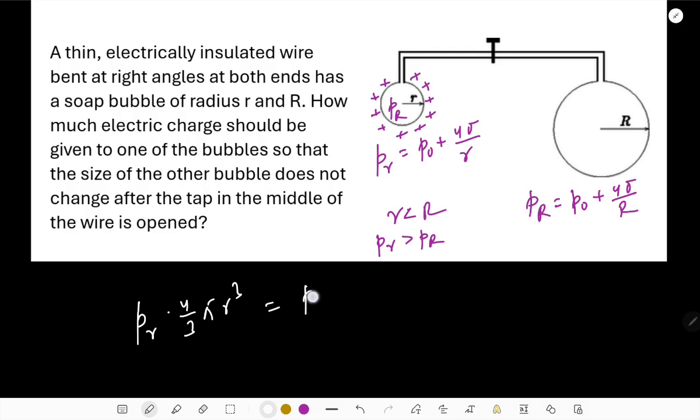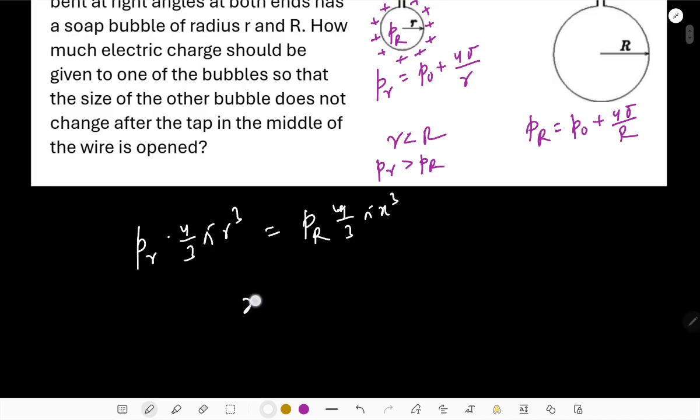And the future pressure we are going to make equal to P_R, the inside pressure of the larger bubble, and its volume is 4 by 3 pi x cube. x is its new radius. We don't know what it is, but we can find it.